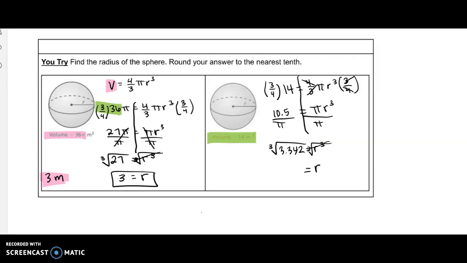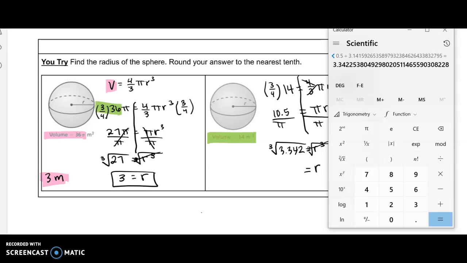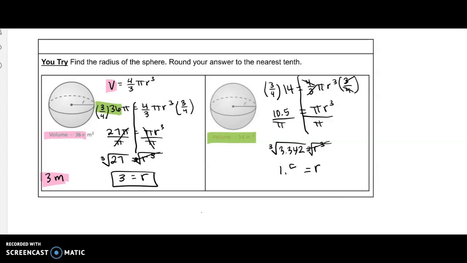So we have r equals. So we can even just do 3.342 second and then cube root that. And that gives us 1.49. That 9 brings the 4 to a 5. So we have about 1.5 when we round that to the nearest tenth. So we have 1.5 inches for our answer to that one.